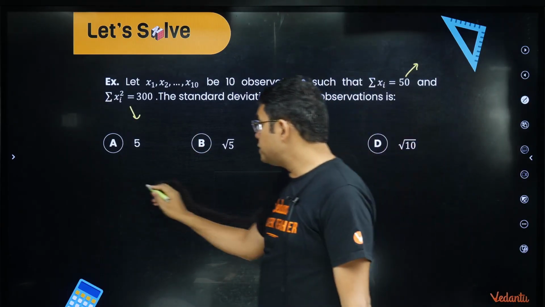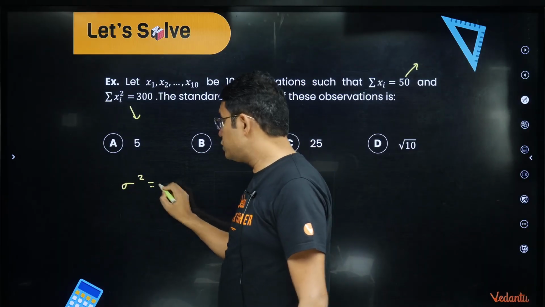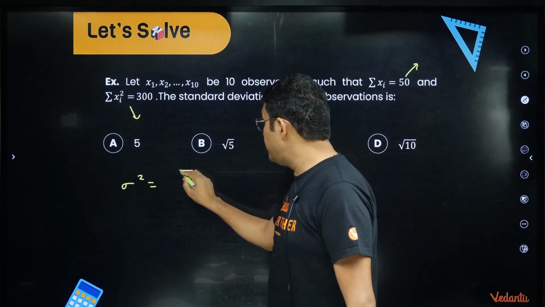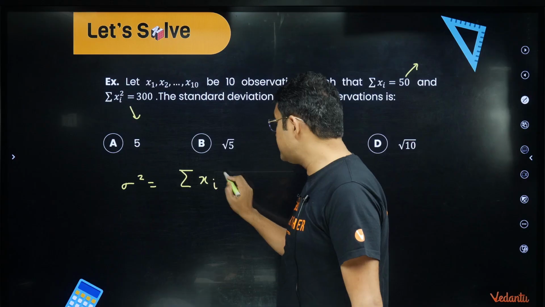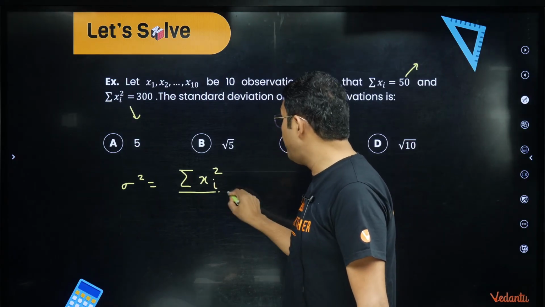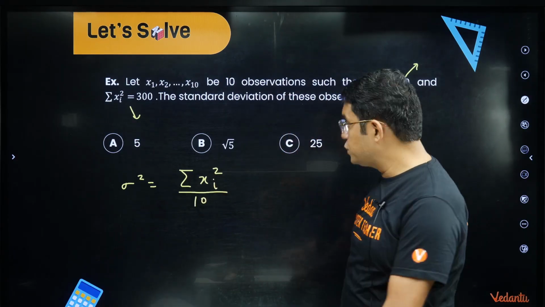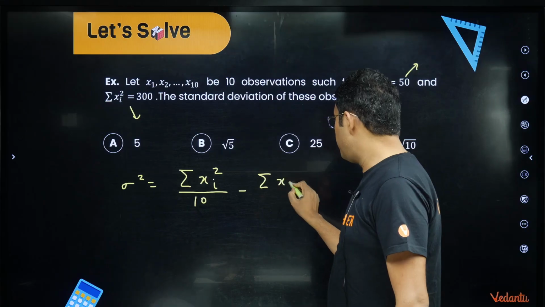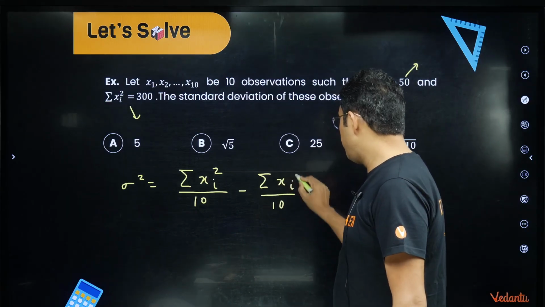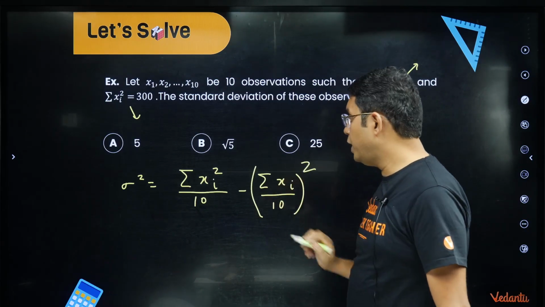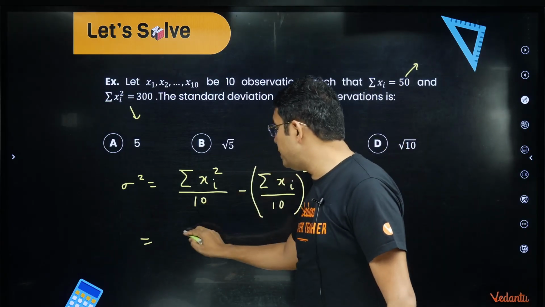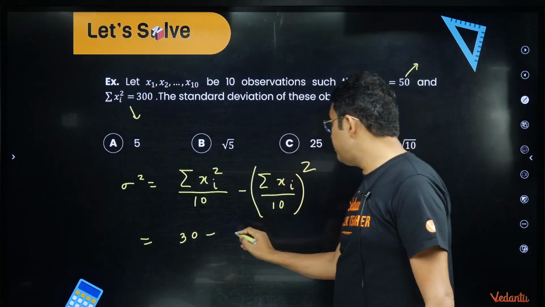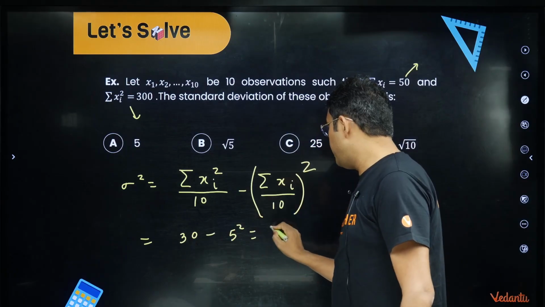Standard deviation means square root of variance, so we will first find the variance. Variance, as we know the formula, is summation xi square upon 10, the average of squares because there are 10 data, minus the square of the average. So this will be equal to 300 upon 10, so 30, minus 50 upon 10, that is 5 square, so this will become equal to 5.